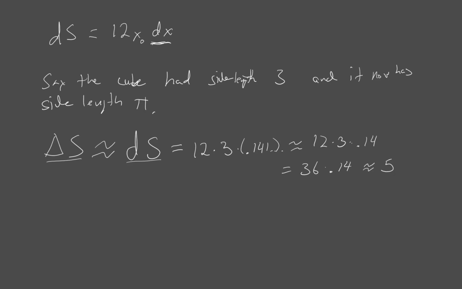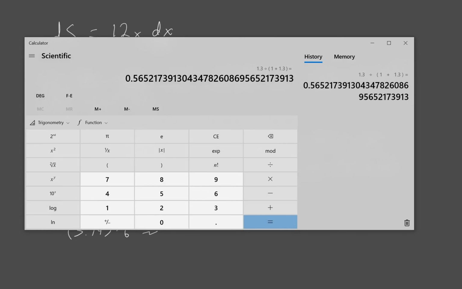Let's do that calculation. So the original surface area was 6 times 3 squared, which is 9 times 6, is 72. And 3.14 squared times 6 is approximately, let's pull up that calculator again. Clear, 6 times 3.14 squared.